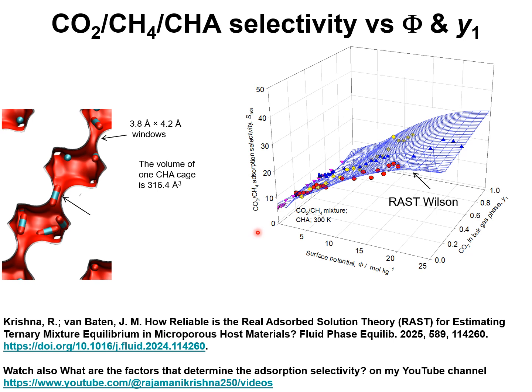The message to emerge is that the adsorption selectivity for a binary mixture in general depends both on the surface potential phi and the composition of the bulk fluid phase mixture.